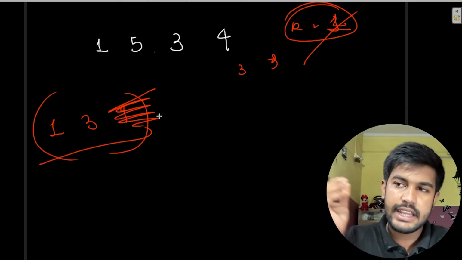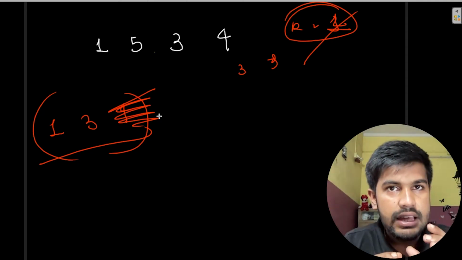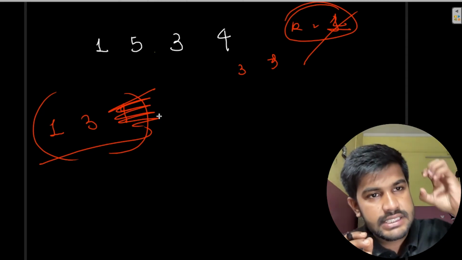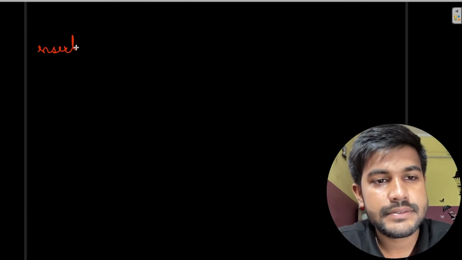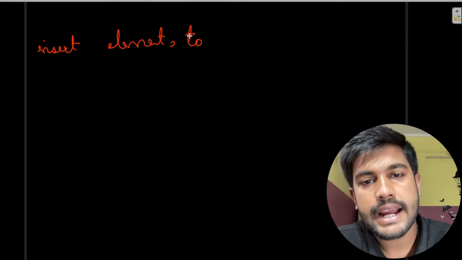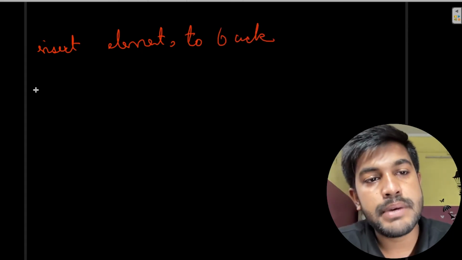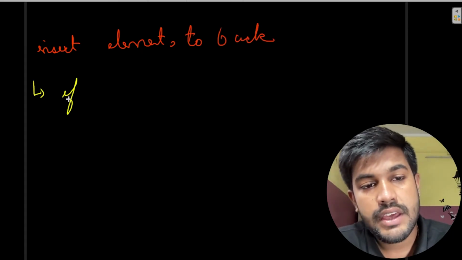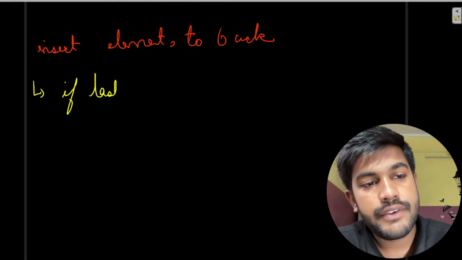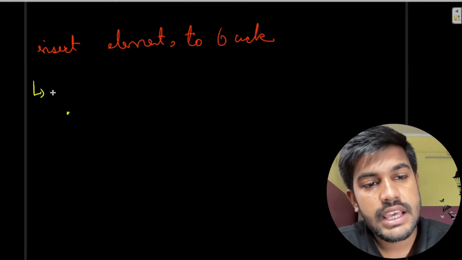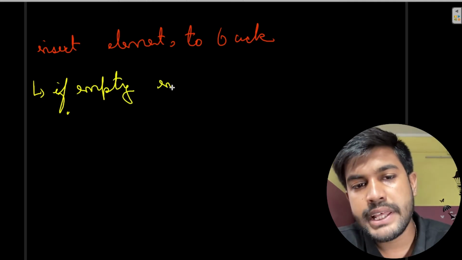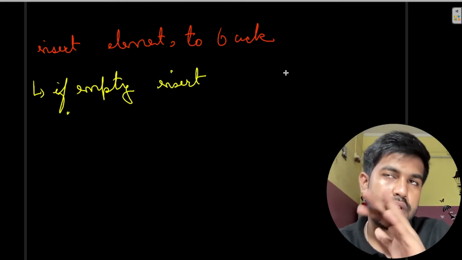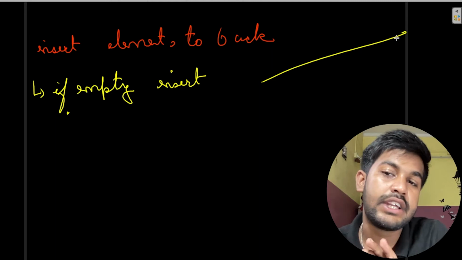We would start including elements from the back, and we would insert elements in this fashion. So first we would say, if it is empty, we would simply insert. Just remember that the agenda is to get an increasing order.